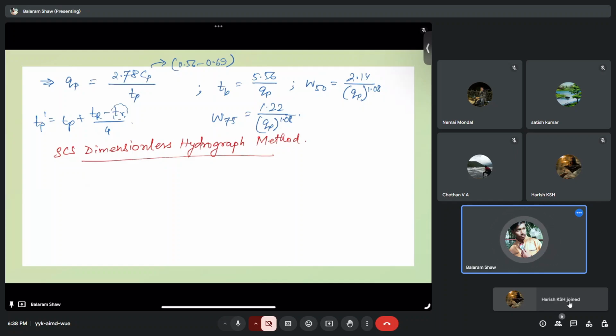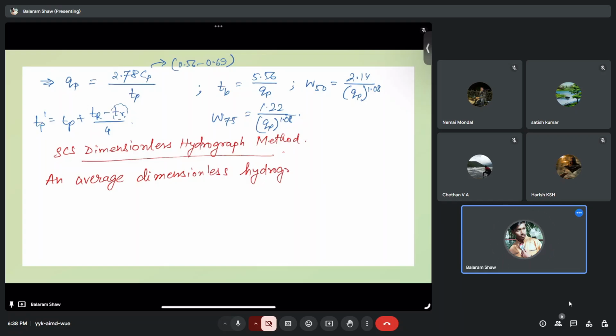They took several catchments of different sizes and geographic locations, and based on that they created many natural unit hydrographs. Based on the number of watersheds, their size and geographical locations, they created a large number of unit hydrographs, and from that they derived an average dimensionless hydrograph, which was used as the SCS dimensionless hydrograph, right?